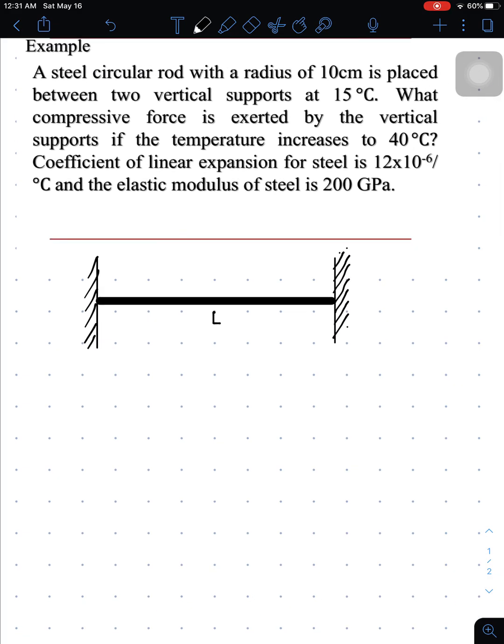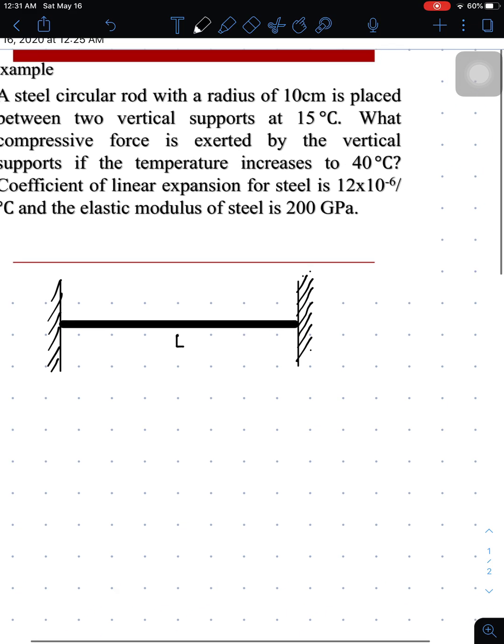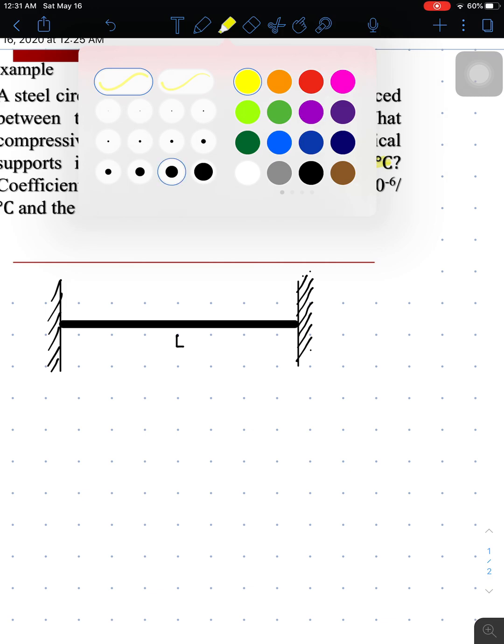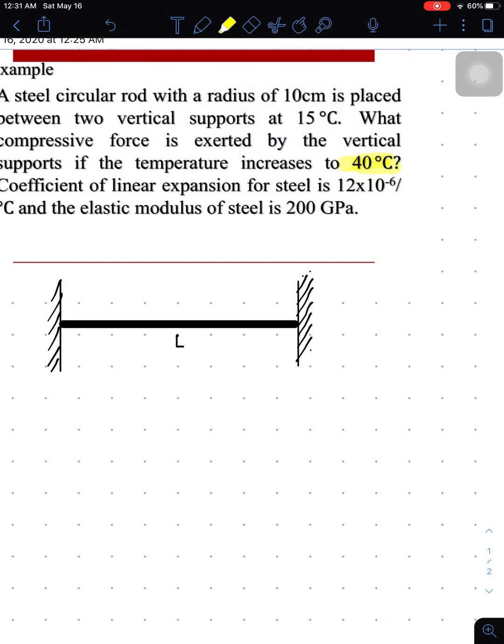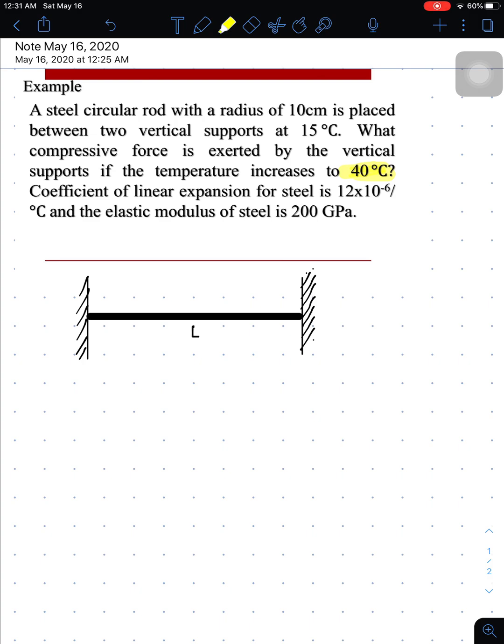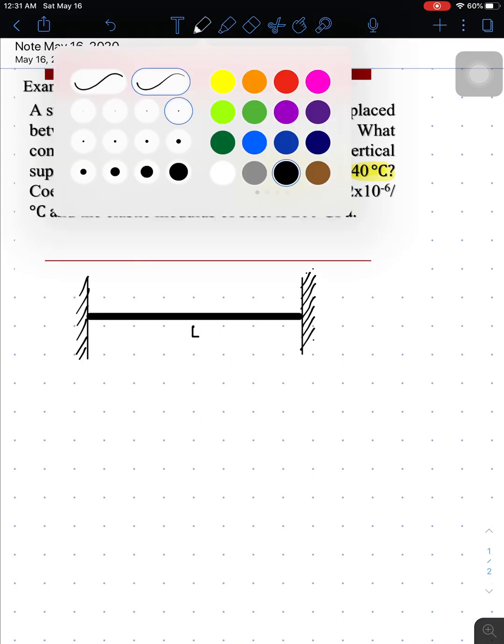Okay. So since according to the problem there is an increase to 40 degrees Celsius in temperature, our material will expand because it is hot, from 15 degrees Celsius to 40. The temperature rises, which means our material expands.